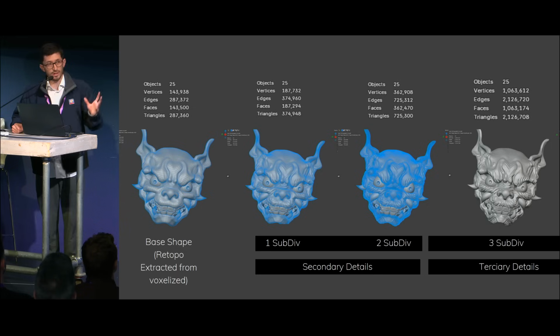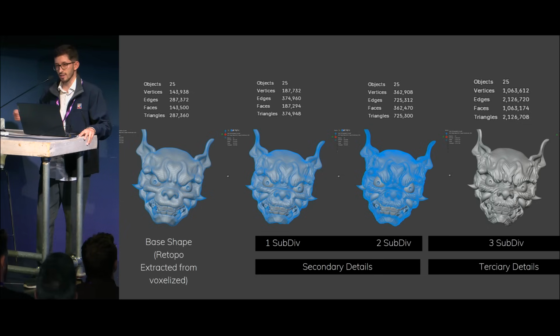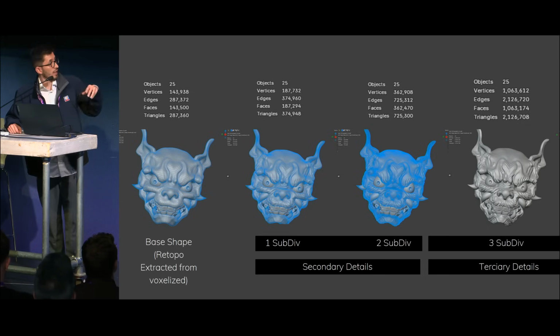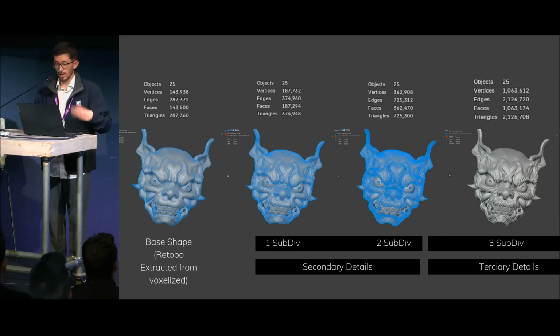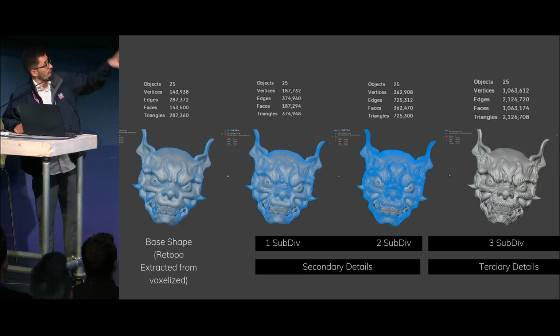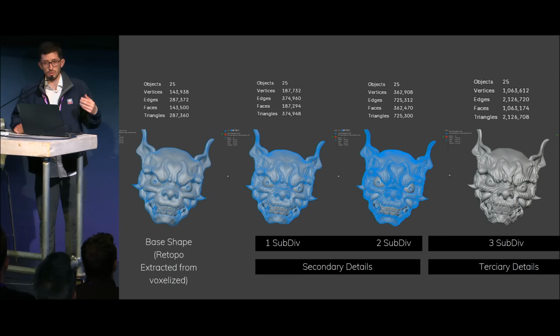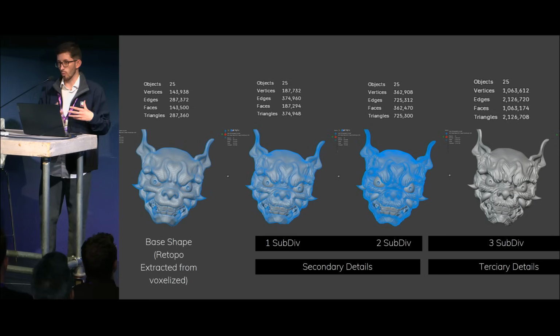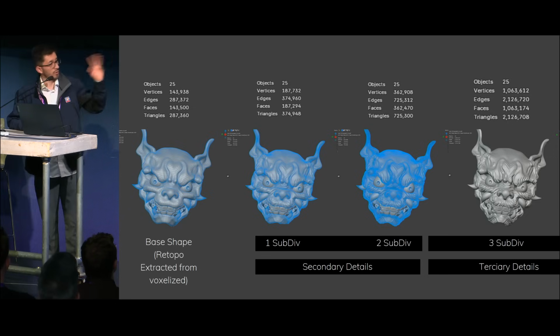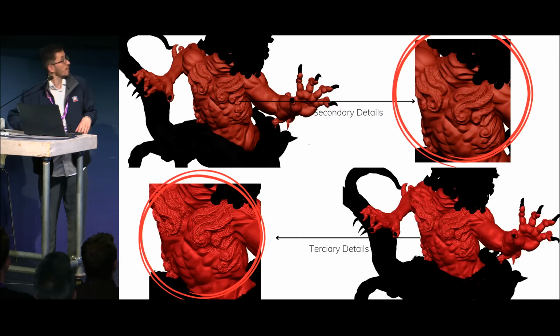Once you capture that data, you have a good starting point to start incrementing the amount of geometry and including different types of details. In this case, I'm incrementing the resolution depending on the amount of detail that I want to incorporate in the model.